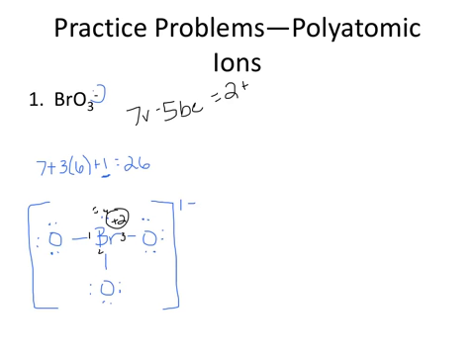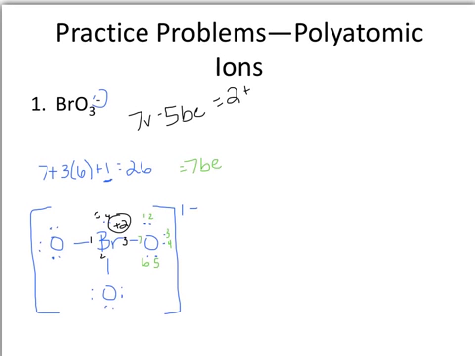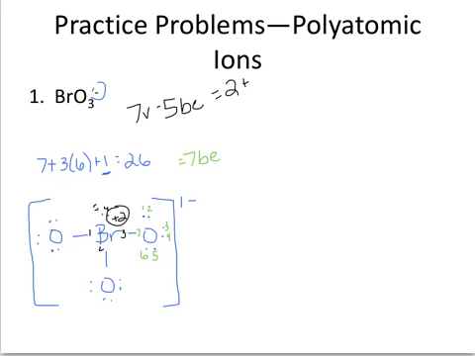They're all 3 the same if you take a look at them. So you're going to have 1, 2, 3, 4, 5, 6, and 7. So if you've got 7 bonding electrons, I need to subtract off the number of valence.